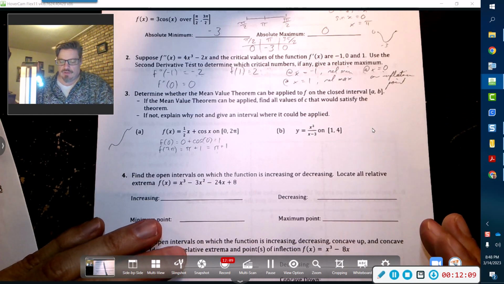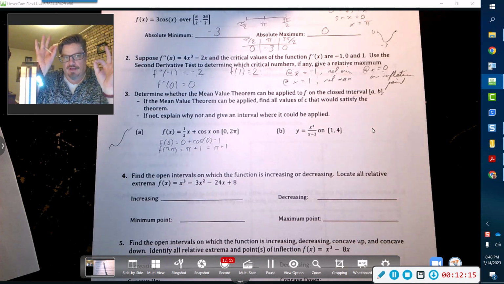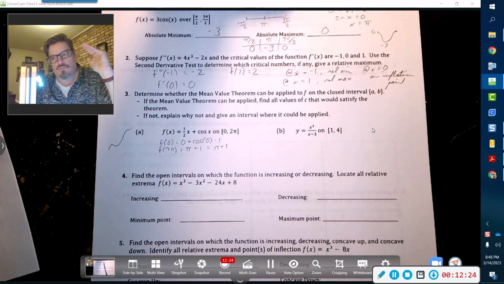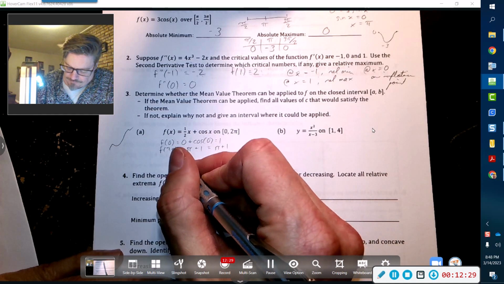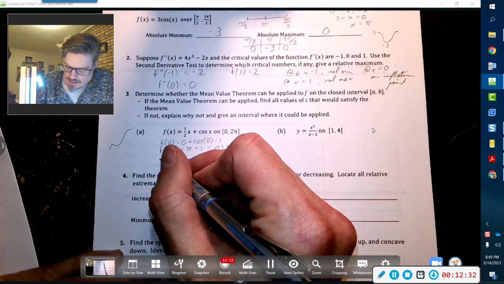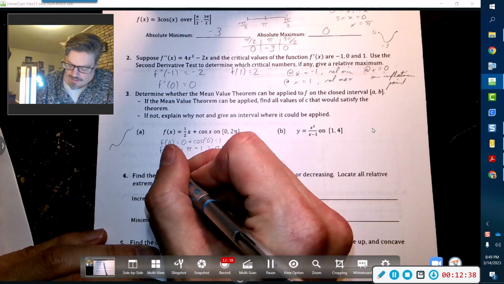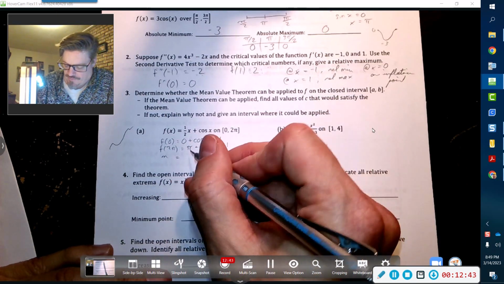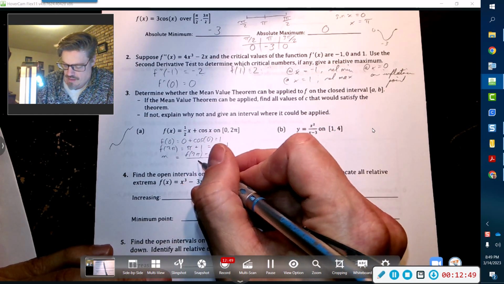Okay. So then what you do is you've got to find the slope between the endpoints. The mean value theorem says that somewhere along the way you were at that same average rate of change. So the slope, let's call it m, is f of 2 pi minus f of 0, over 2 pi minus 0.